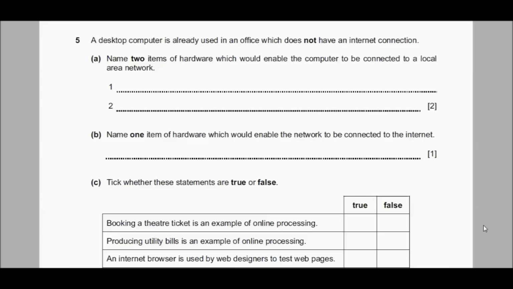Okay, not to the internet, but to a local area network. Question B, name 1 item of hardware which would enable the network to be connected to the internet, worth 1 mark. And C, tick whether these statements are true or false. And you've got 3 statements there. So pause the video and answer the questions.